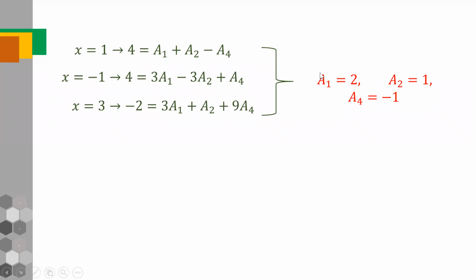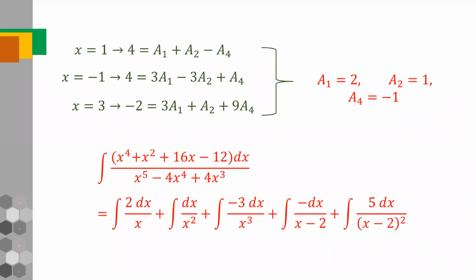Since we have solved for the coefficients a1 to a5, we can now substitute them into our components. Therefore, our given integral can be expressed as the integral of 2 dx over x, plus the integral of dx over x², plus the integral of -3 dx over x³, plus the integral of -dx over (x - 2), plus the integral of 5 dx over (x - 2) squared.